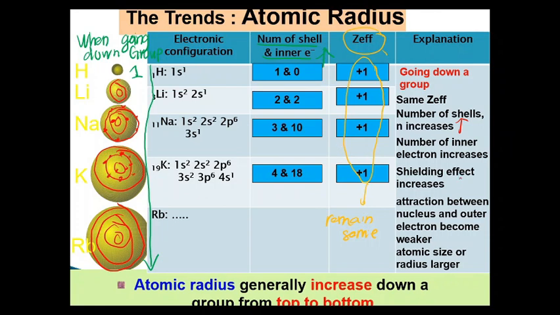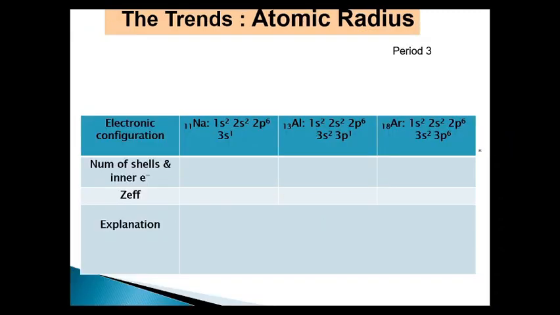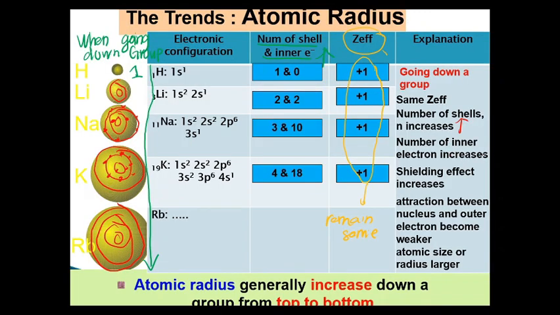So this will increase the shielding effect. When the shielding effect increases, the attraction between nucleus and outer electron will become weaker. Hence, the atomic size or radius will become larger.